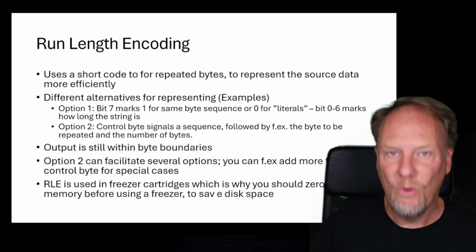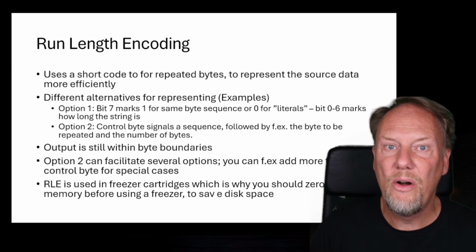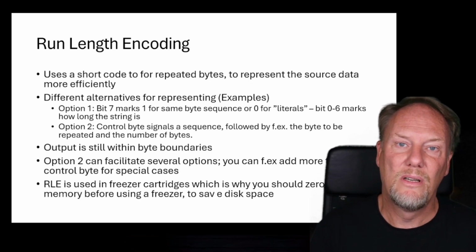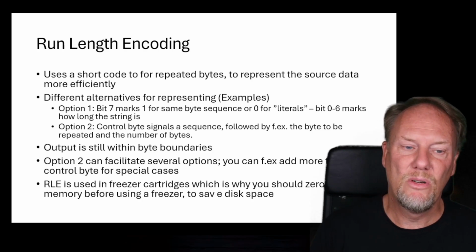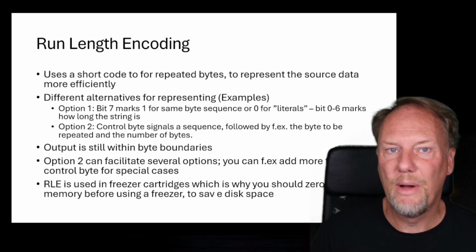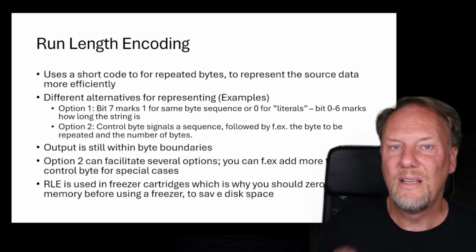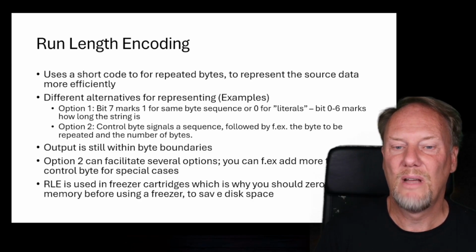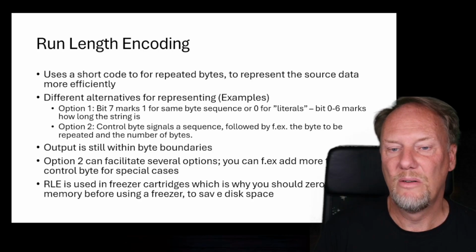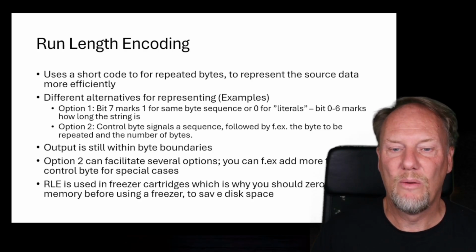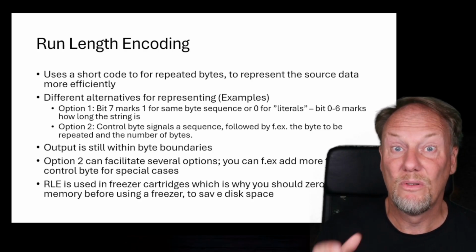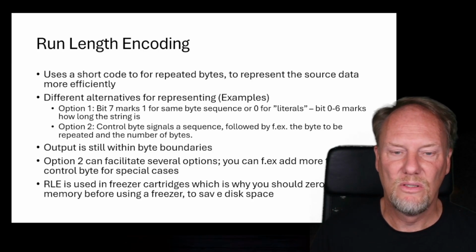For literals, of course, the number of bytes are just going to flow through the depacker, but if it is marking that it's a repeated byte, the next byte tells that this is the byte to be repeated the number of times indicated by bits 0 to 6. I hope that was understandable, even if it's not graphically shown rather than just explained here.